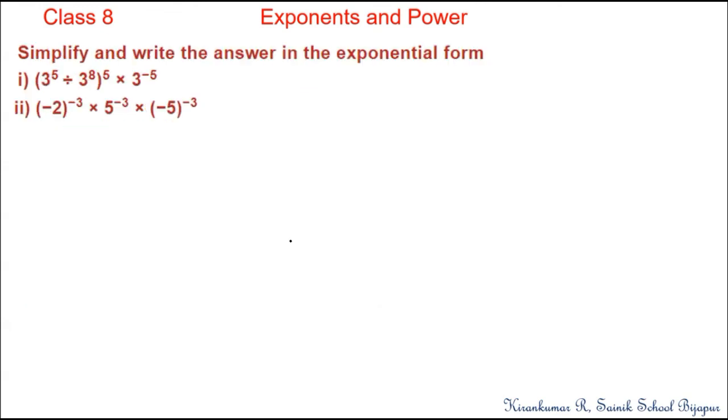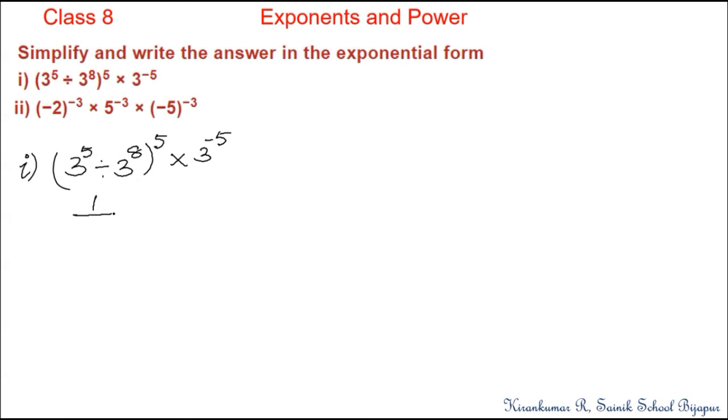Let us take this question, simplify and write the answer in exponential form. Let me take the first one. It is 3 to the power of 5 divided by 3 to the power of 8 whole to the power of 5. It is multiplied with 3 to the power of minus 5. Here the bases are same. If you look at the powers, 5 is a number smaller than 8.